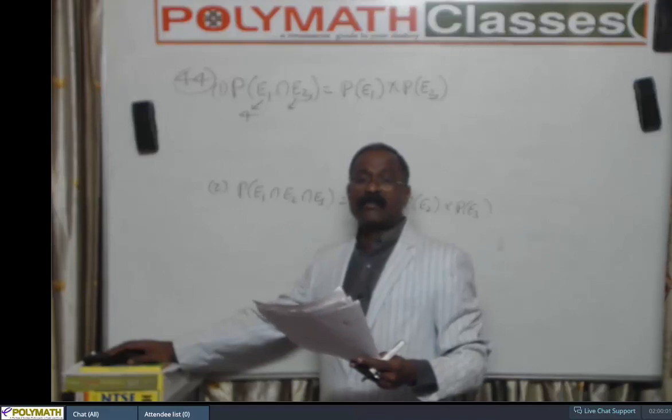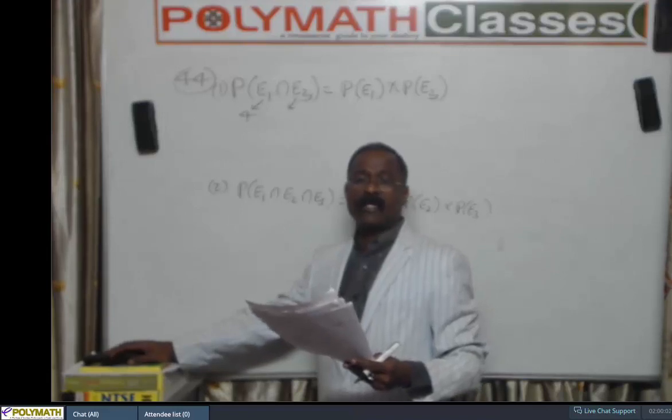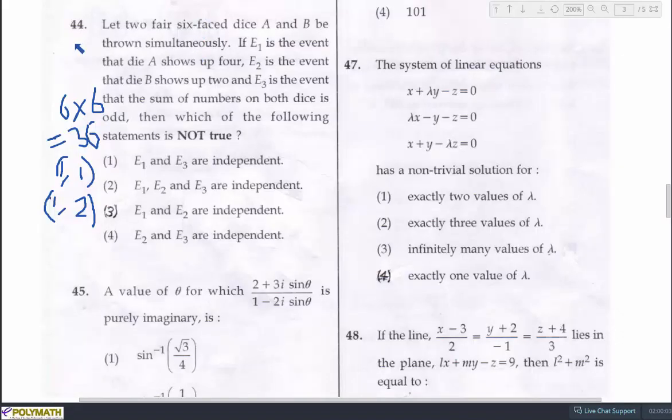Let us see the question once, then you will understand in a better way. E1 is the event that die A shows up 4. And E3 is the event that the sum of the numbers of both the dice is odd.